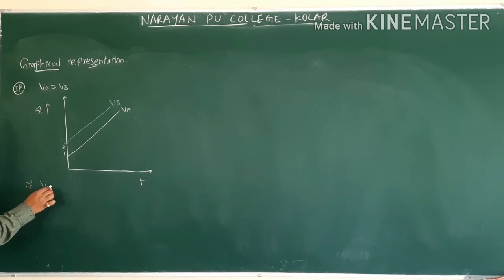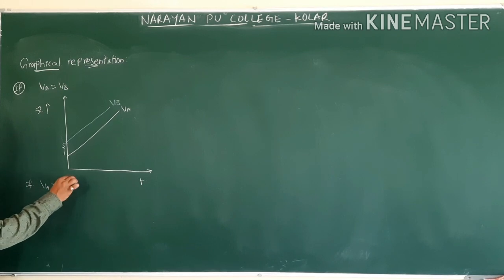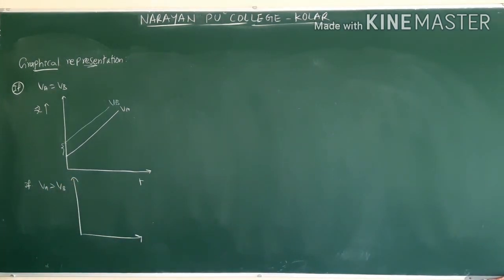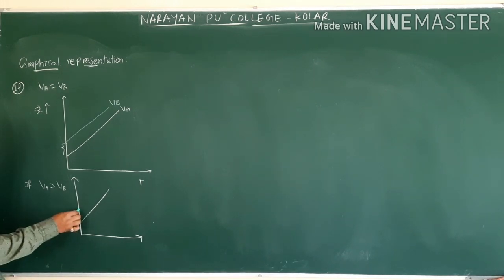If VA is greater than VB, both are moving with different velocities. At that time, how will you get the graph? VA is greater than VB means the velocity of A should be more compared to the velocity of B. So if this is VA, this is nothing but VB.